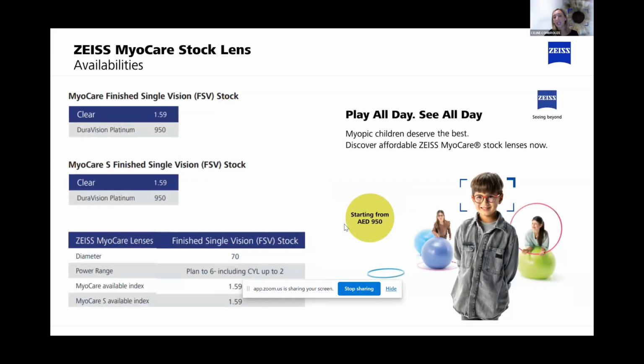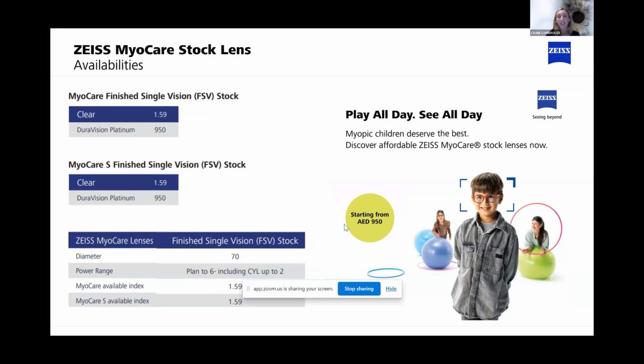The very good news is that we now have Myocare stock lenses. The difference here is that at first you're going to have them very quickly because they're already made and available. And we have made a really small, affordable price because we know ZEISS is a foundation and we know that we cannot expect parents to spend a huge amount of money on their children's health. They just cannot.